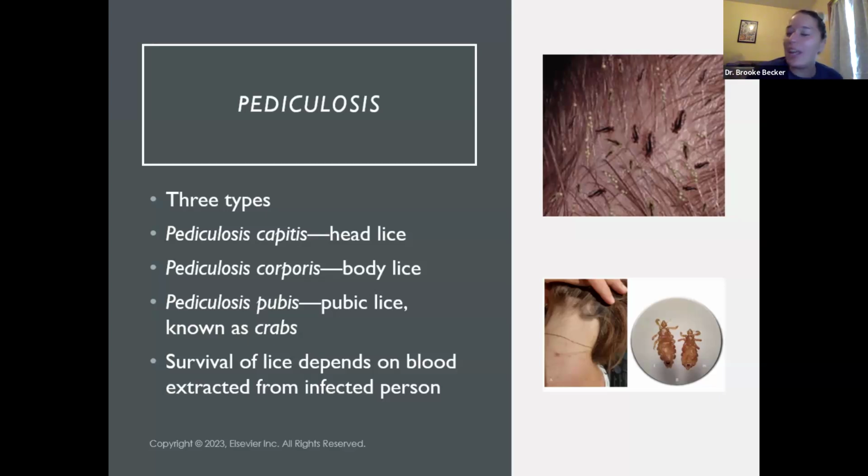Anyways, it can come home on kids, and if that lice hops off and becomes embedded in your carpet, it can survive for minimal time off of the host. It really needs that host, that blood, to continue to thrive. Okay.